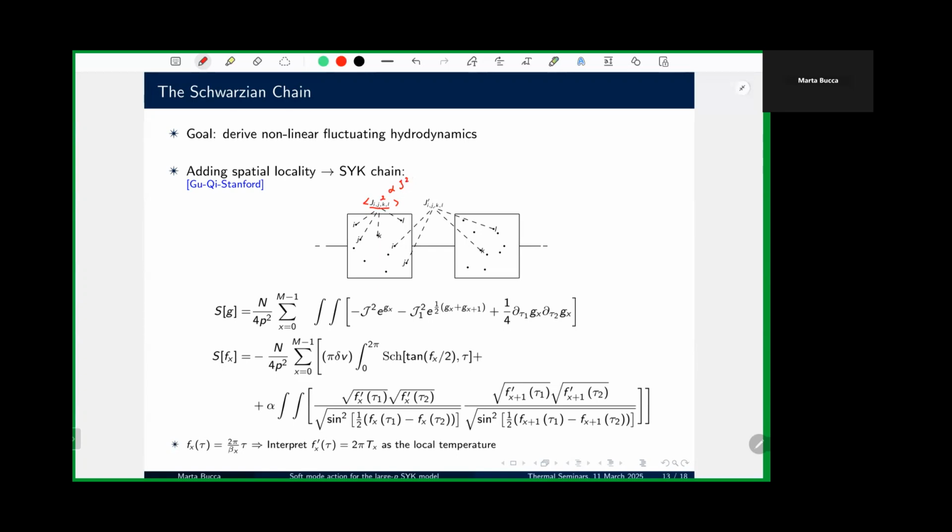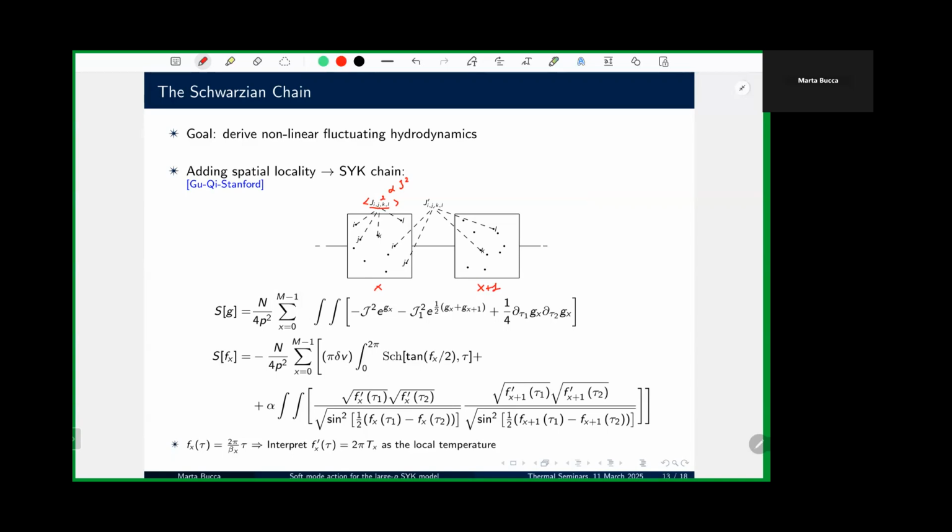We said at the beginning that this variance was going to be proportional to J squared. But now you have a second kind of coupling because you're allowing nearest site interaction for the chain. So this means you're taking p over 2 fermions from your site x, and then p over 2 fermions from your site x plus 1.